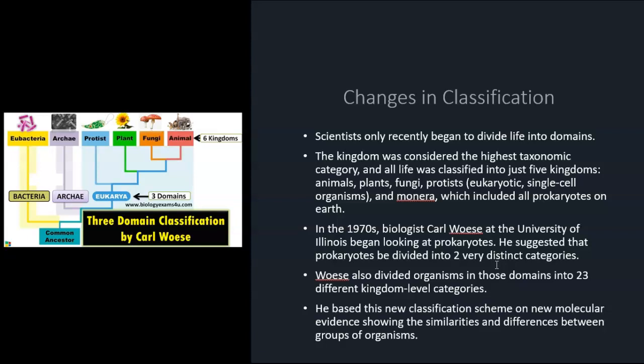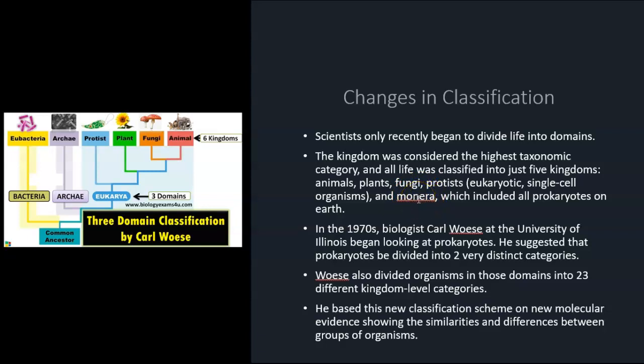It used to be just kingdoms. So all organisms were divided into just 5 kingdoms. It was animals, plants, fungi, protists, which are single-cell eukaryotes, and then Monera. That was all prokaryotes. And that's where the issue was.